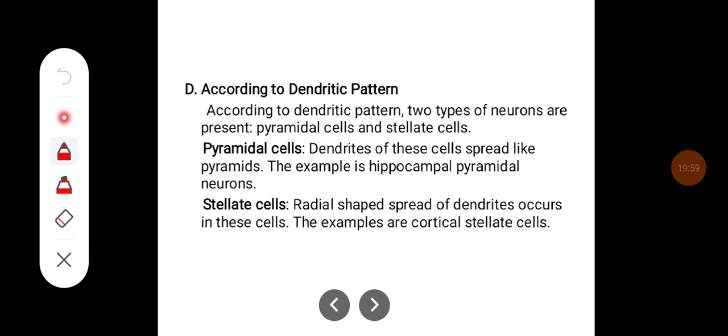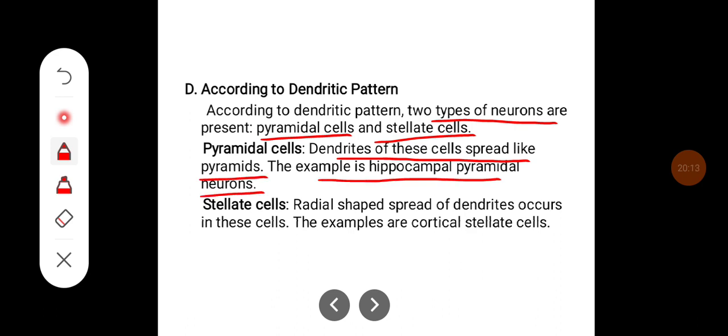According to the dendritic pattern, two types of neurons are present: pyramidal cells and stellate cells. Pyramidal cells, the dendrites of these cells spread like pyramids. The example is hippocampal pyramidal neurons. Stellate cells, a radial shaped spread of dendrites occurs in these cells. The examples are cortical stellate cells.